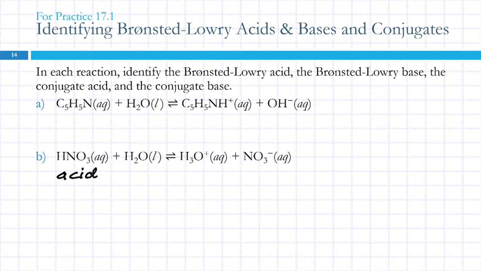The other reactant must be the base. So this is an acid, it's going to donate a hydrogen ion, it's going to lose a hydrogen ion, and it's going to become nitrate. And so this is considered to be the conjugate base.